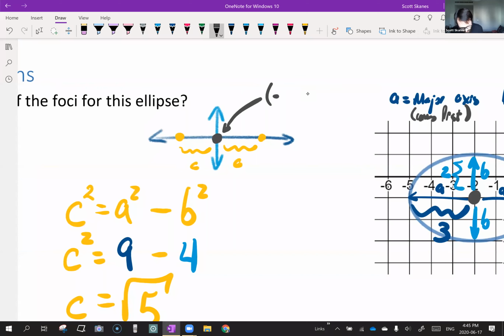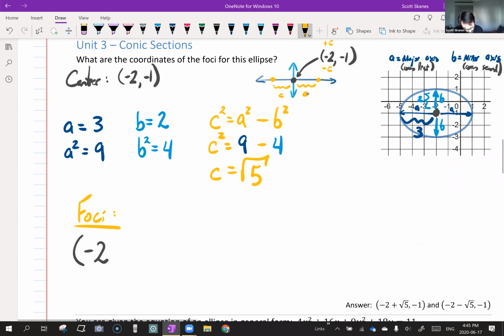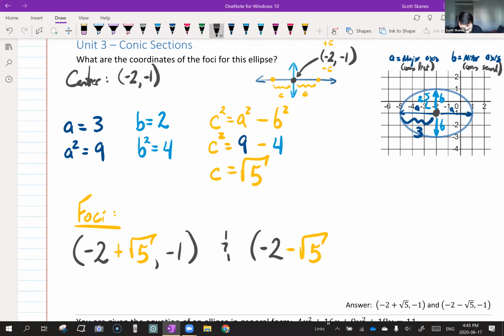The center is at -2 and -1. The foci are -2 plus c and -2 minus c. That's our focus. So -2 plus c, the y value stays the same, and -2 minus c, or -√5 minus 1.